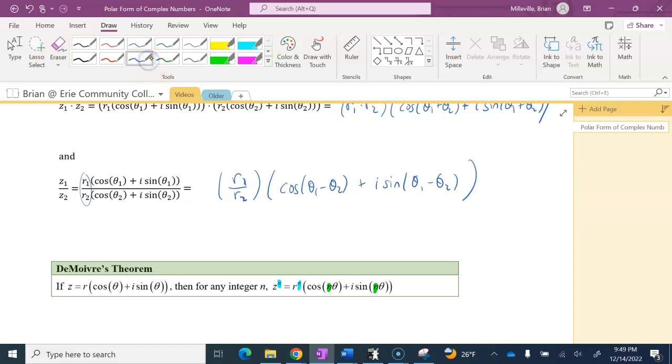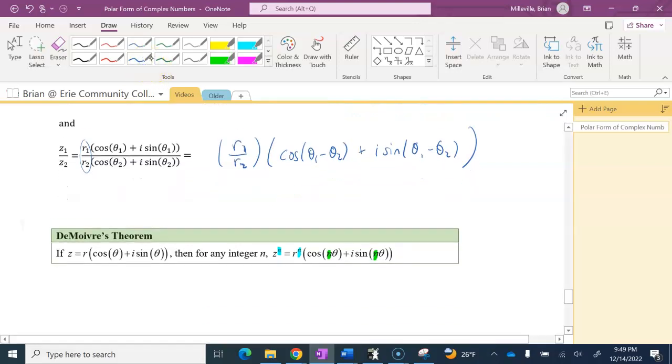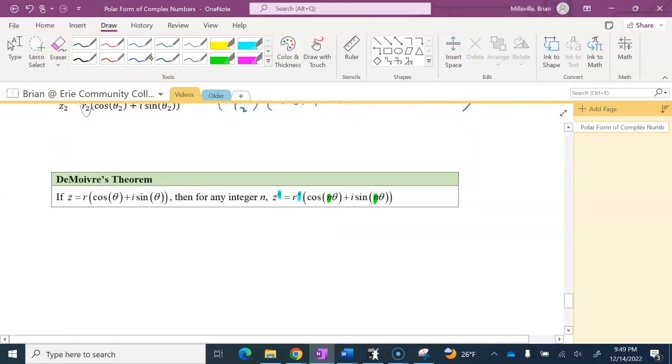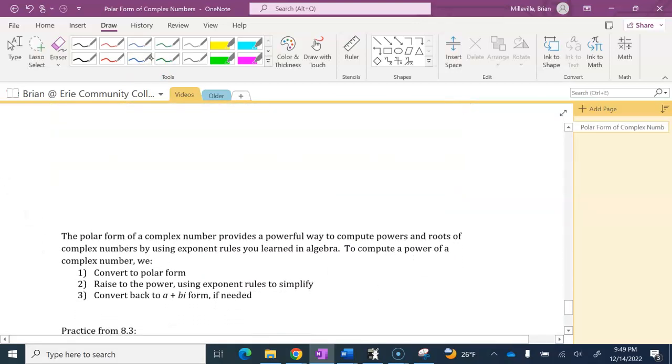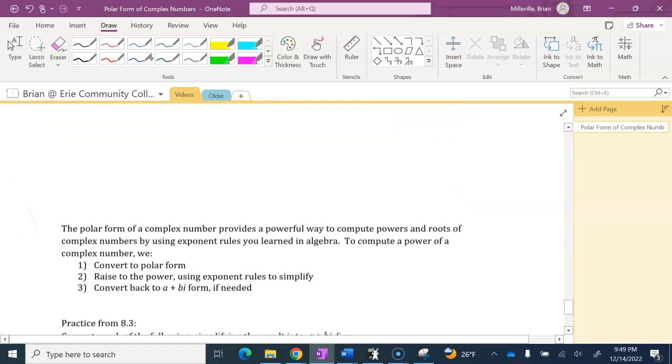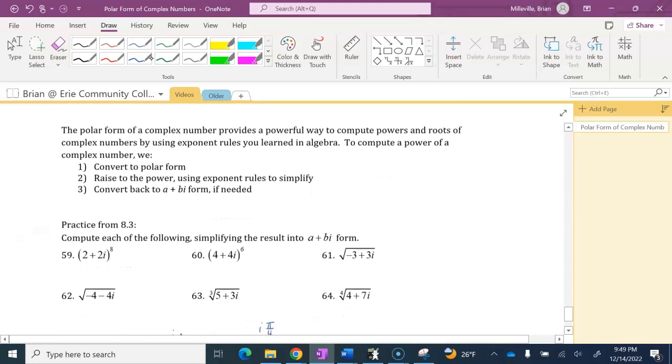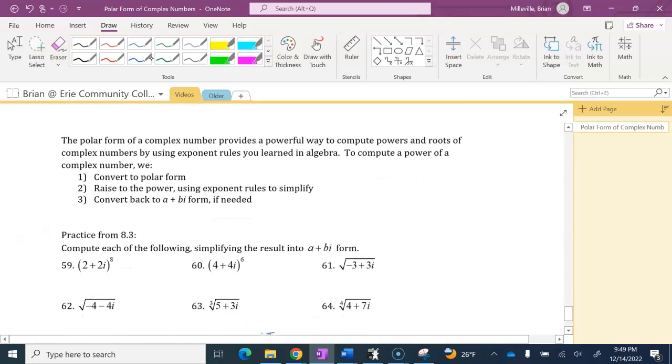The next thing we're going to look at is applying that. We could apply De Moivre's theorem, but it may be more instructive to take these steps. To compute a complex power, we're going to use some of our algebra facts from exponent rules. Step one, convert the complex number to polar form.